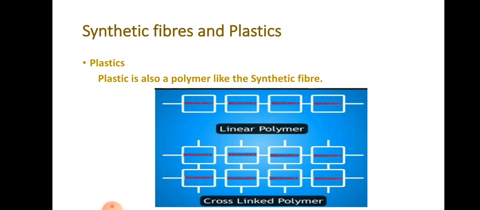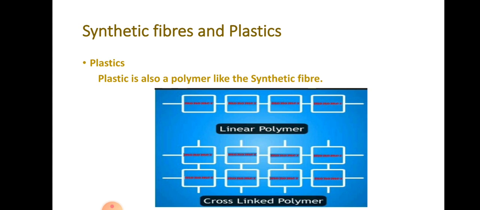Okay, in plastics there are two types of arrangement. The first one is the linear polymer, which means continuously joining the small units in a straight line. Okay, continuously joining, that is called a linear polymer. The single units are arranged in a straight line.